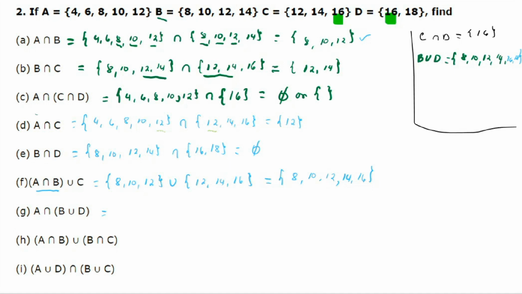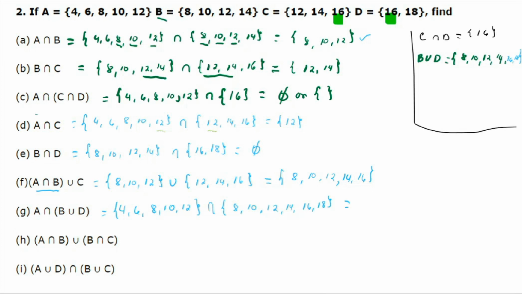I will write first the set A, whose elements are 4, 6, 8, 10, 12, intersection B union D. This is our answer from a while ago for B union D, so I will write here 8, 10, 12, 14, 16, and 18.